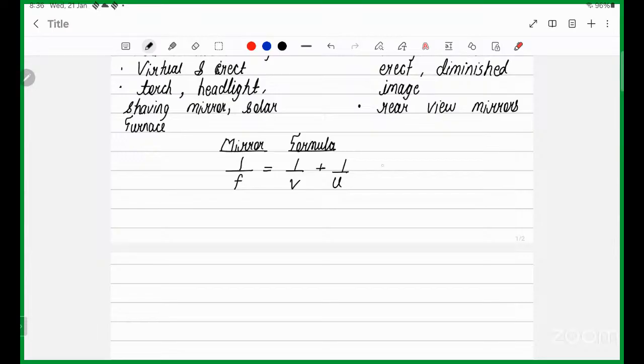Here f stands for focal length, v stands for image distance, and u stands for object distance.